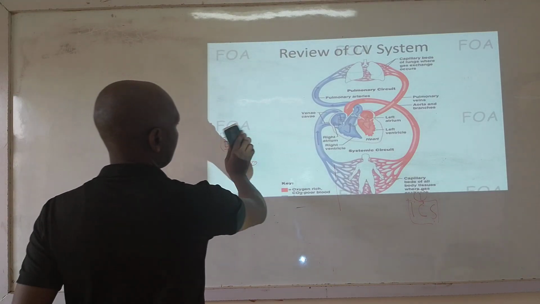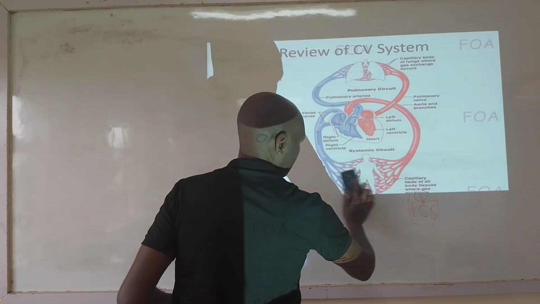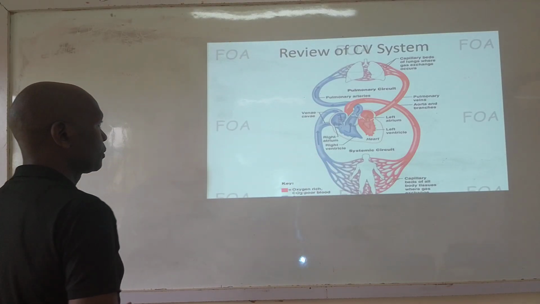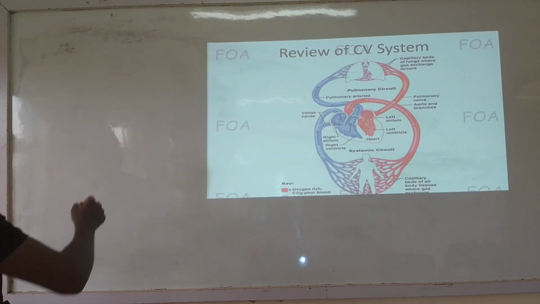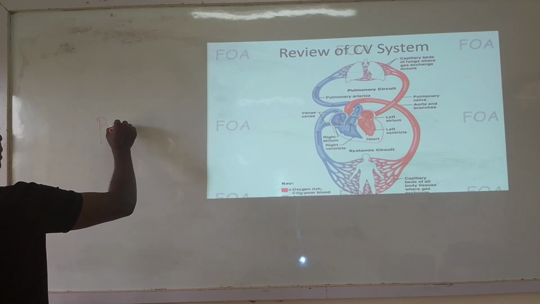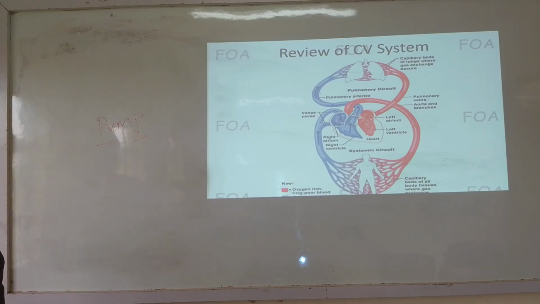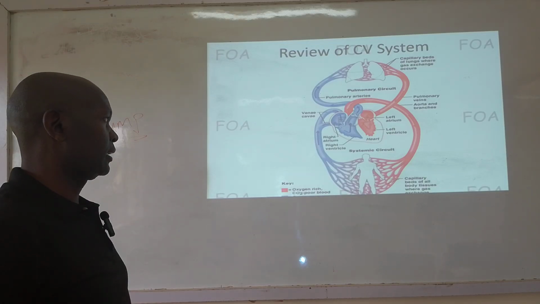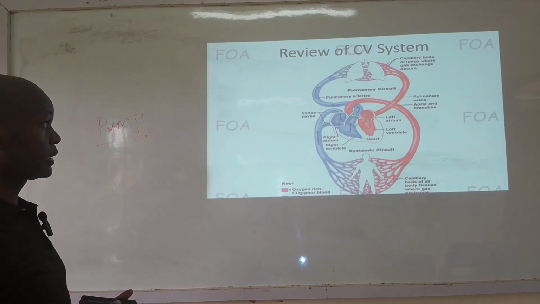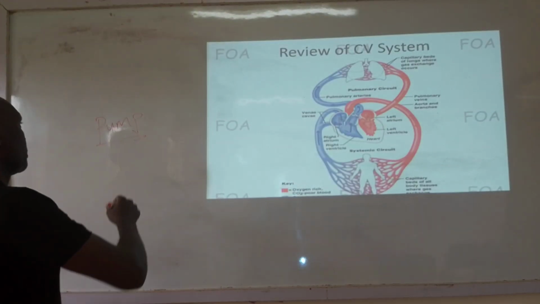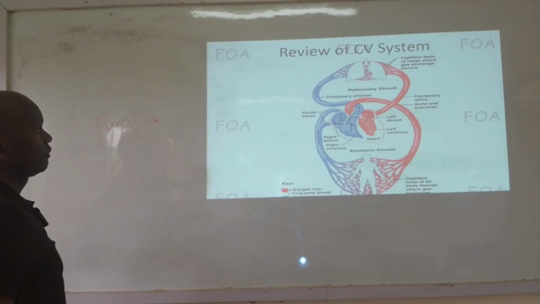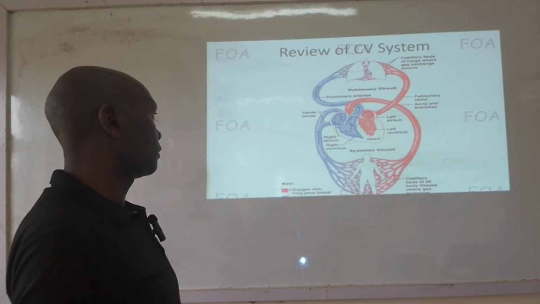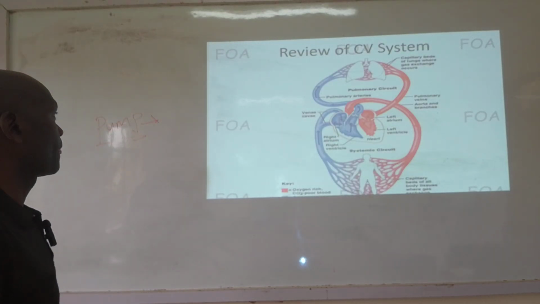This is the heart. Just a review of the cardiovascular system. The function of the heart is actually a pump. The heart is just a pump, and its function is to pump blood across all systems. It has been doing that job all the way from when you are born up to now.